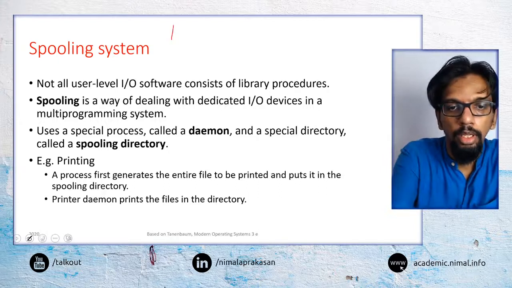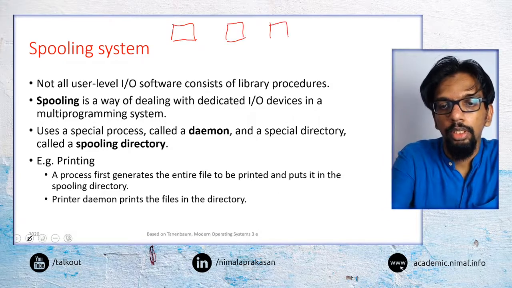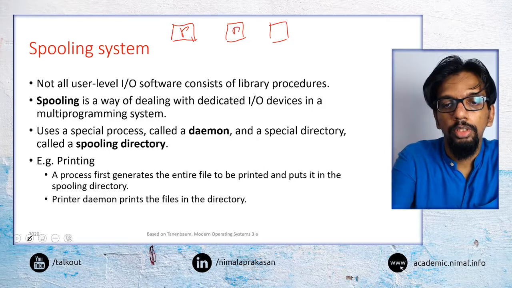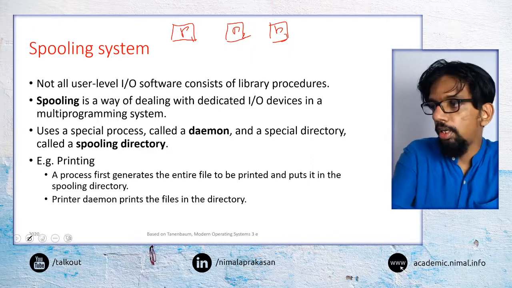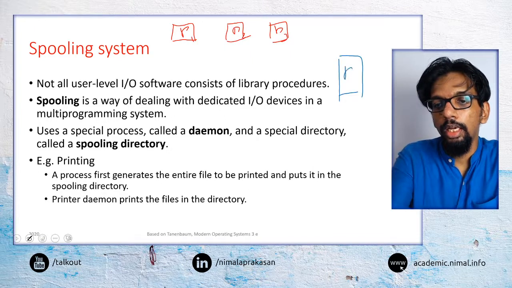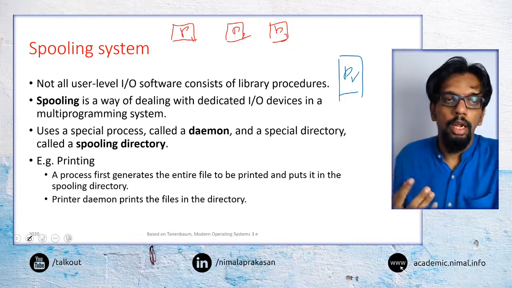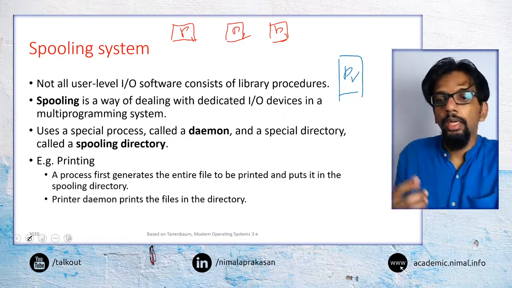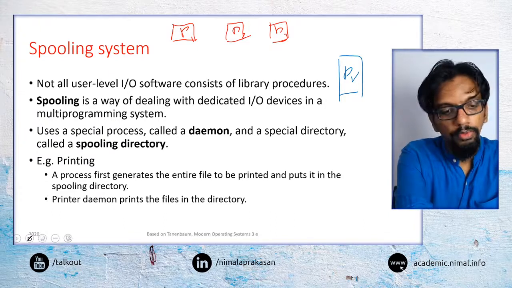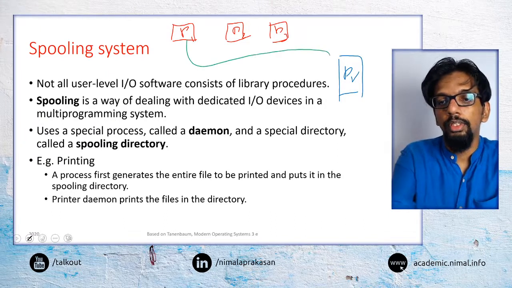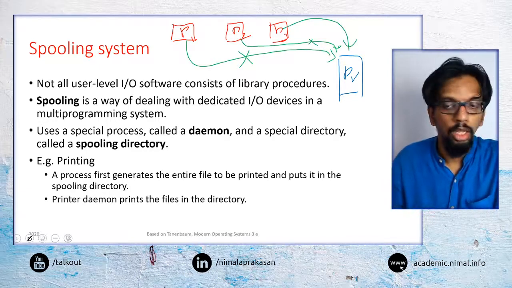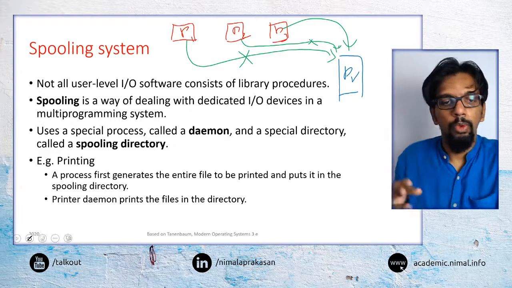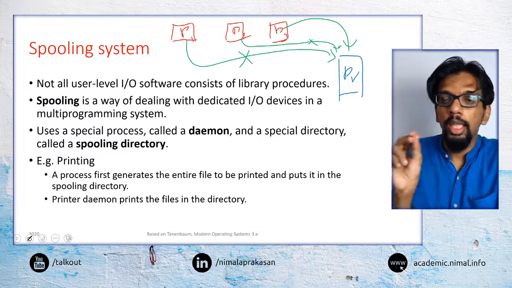Say, for example, we have a number of processes that all need to print something. So they may need to communicate to a printer, and there are two ways. One is the operating system can allocate them one after the other to the printer. First this one is allocated, then when that finishes, the second one is allocated. When that finishes, the third one can be allocated. So that is one way of going about it, but that needs to be managed by the operating system.